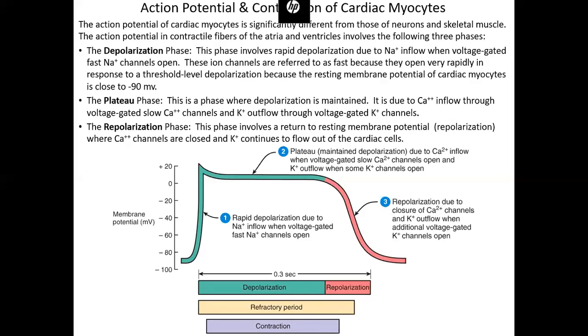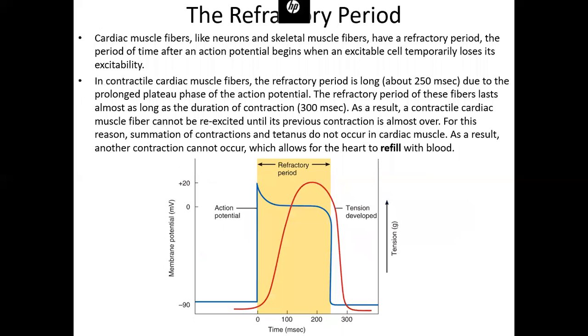You can't jump a second time until you land the first time. A really long refractory period in our cardiac myocytes allows for a contraction to last for a while, which is important, and we'll see why here in just a second. So let's talk about that here on this next page.